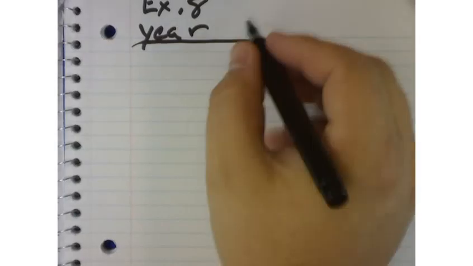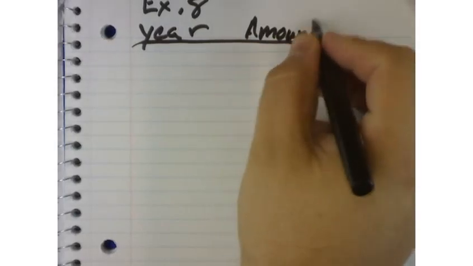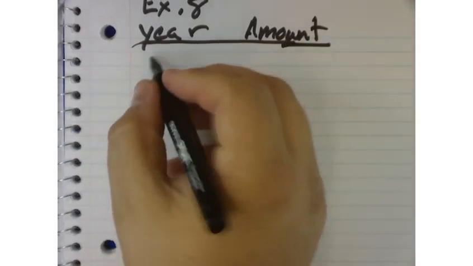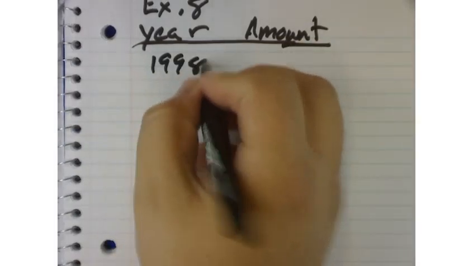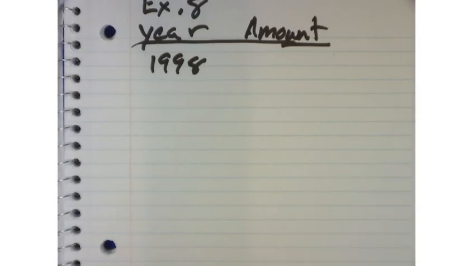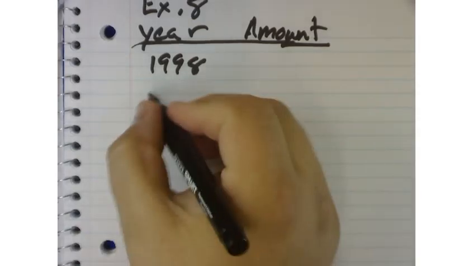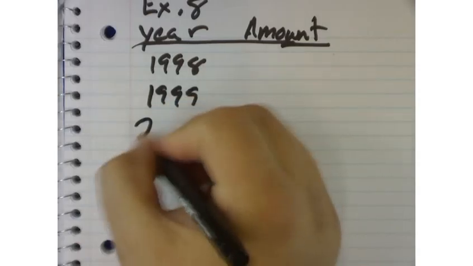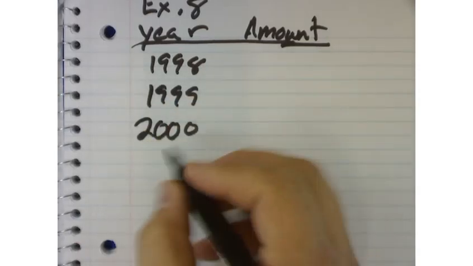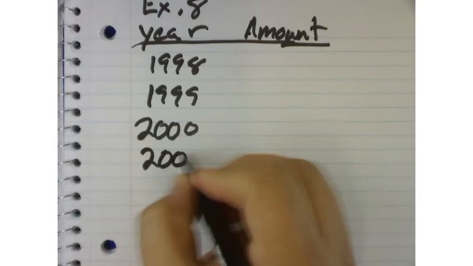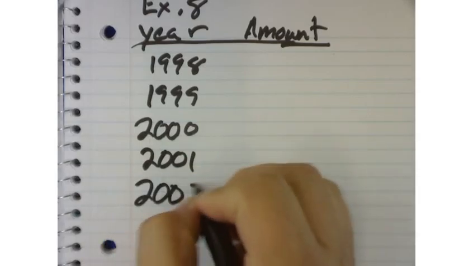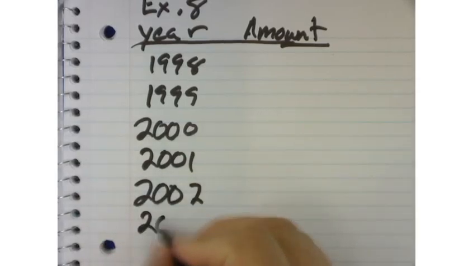This is example number 8, our final example. And they have a table of values of how much money Americans earn, or their income, over a set number of years. So they go from 1998, 1999, 2000, 2001, 2002, and 2003.